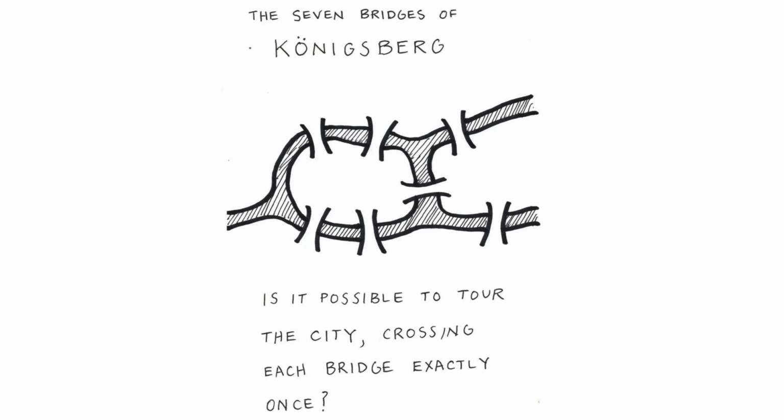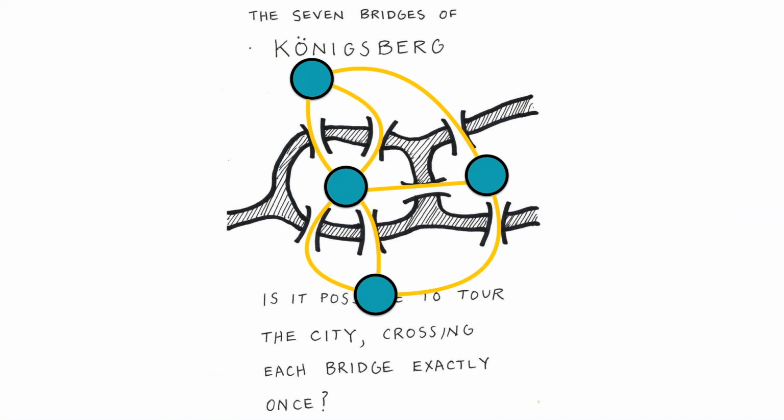To answer that discretely, Euler generated a theory and a methodology which we have since called graph theory, wherein he approximated the land masses as vertices, and the bridges between the land masses as edges.